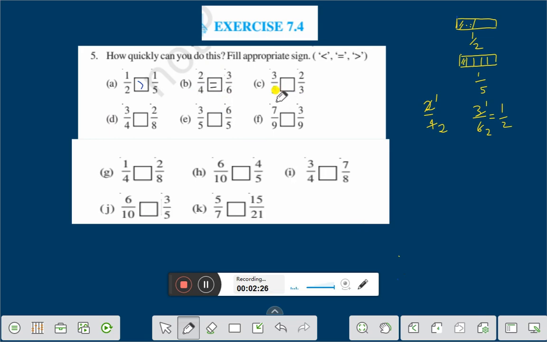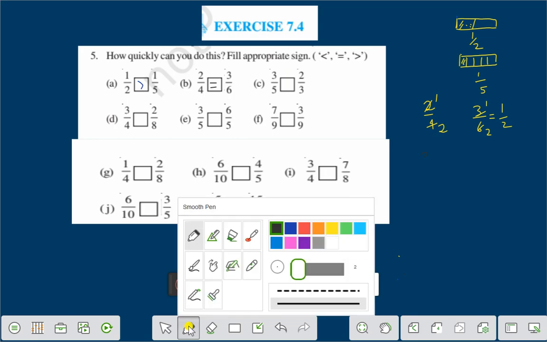Now question number C. This is 3 by 5 and 2 by 3. In this case, you have to make the denominators the same so that you can find out which one is greater or less.